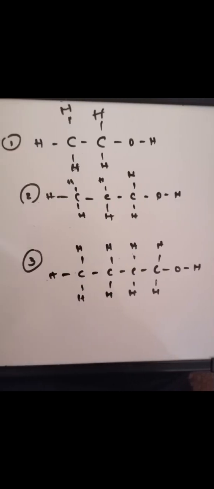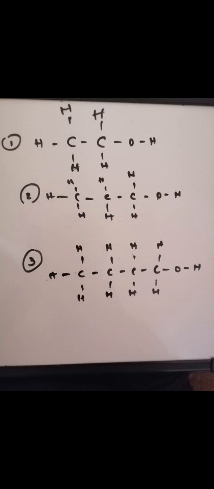So let's get here. These are examples of alcohols. We said that we count the carbon atoms and then we add the suffix. Now the suffix for alcohols is OL. The first one has 2 carbon atoms, that's ethan, which means when naming that compound, we say it is ethanol.